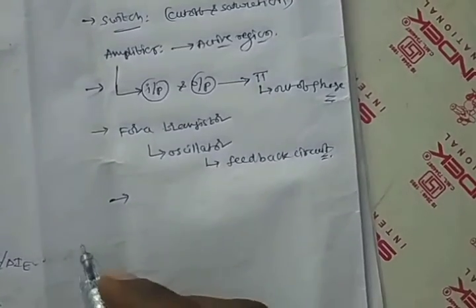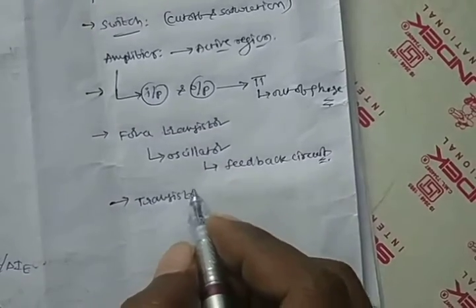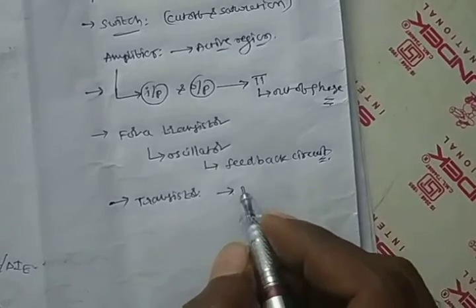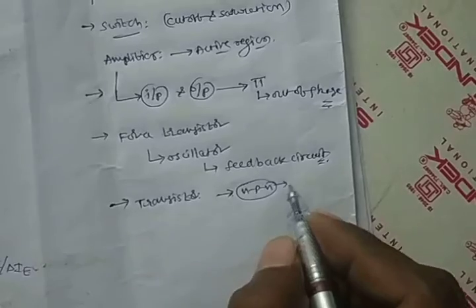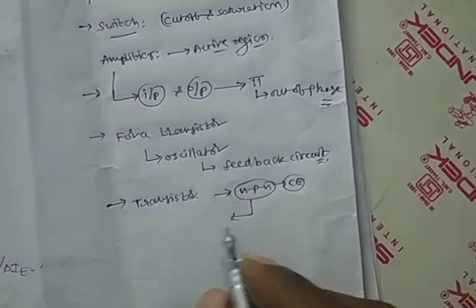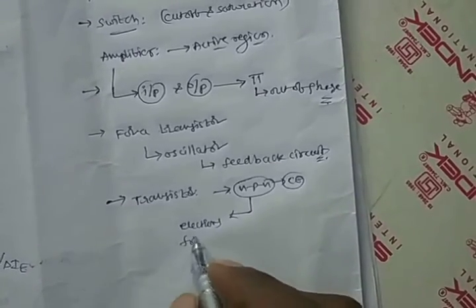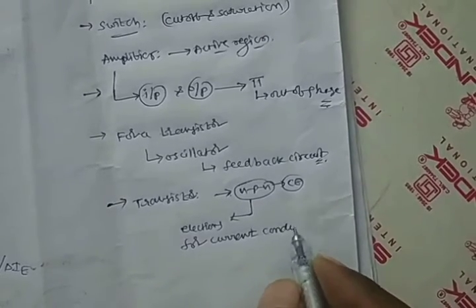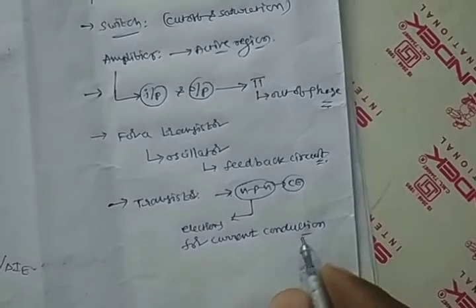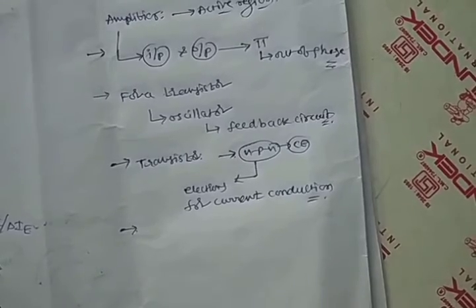Okay. This transistor, mainly NPN in common emitter configuration, is preferred, which contains majority electrons for current conduction. Okay.